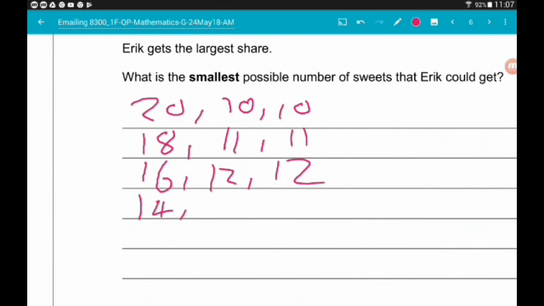Half of 26 is 13. So that works. We can see now, though, that the numbers are sat right next to each other. 14, 13 and 13. Eric would not be able to have less than 14 sweets without one of the other 2 having to have more sweets than him.